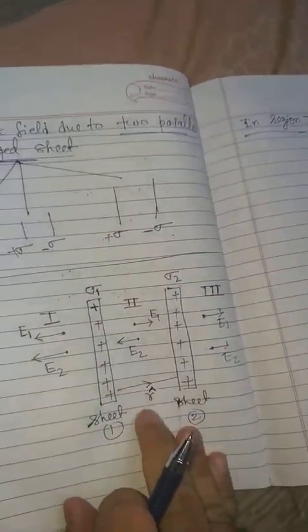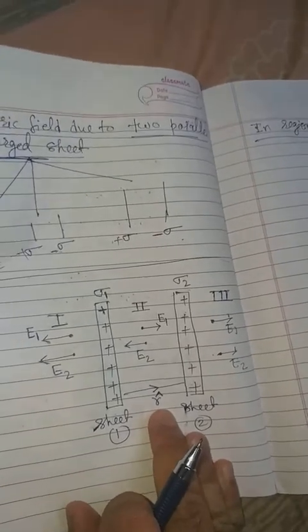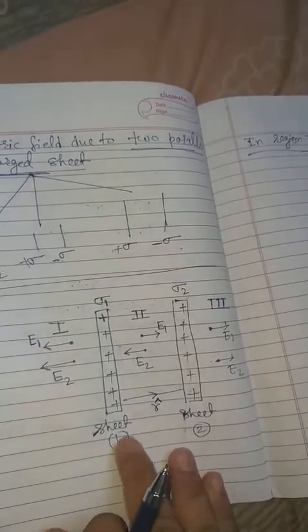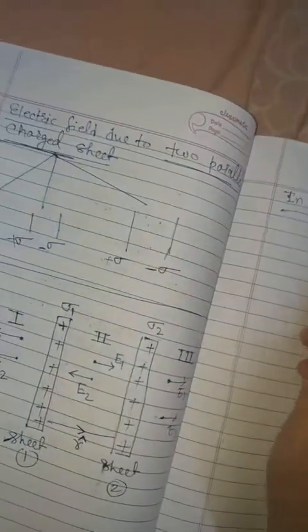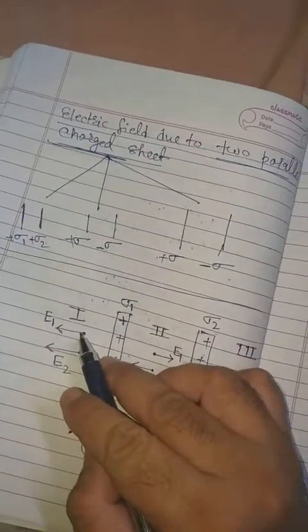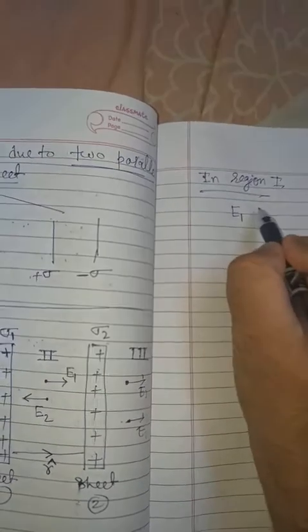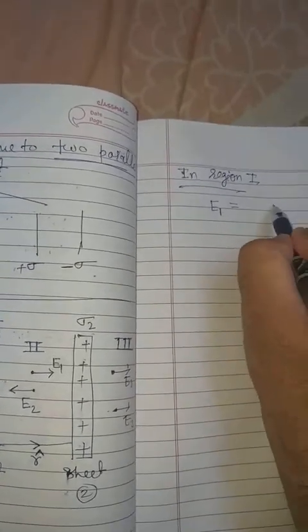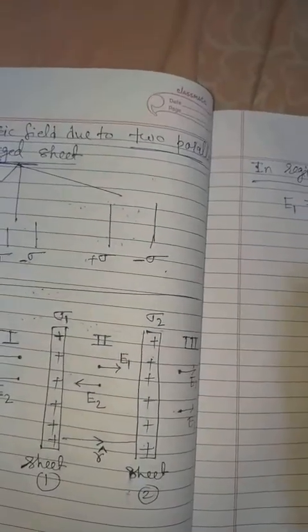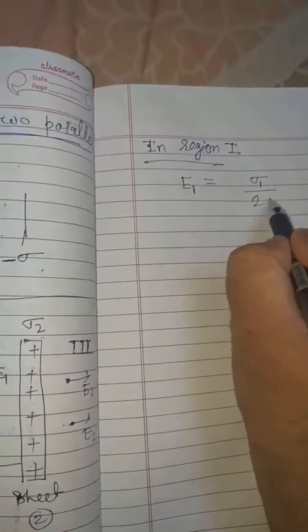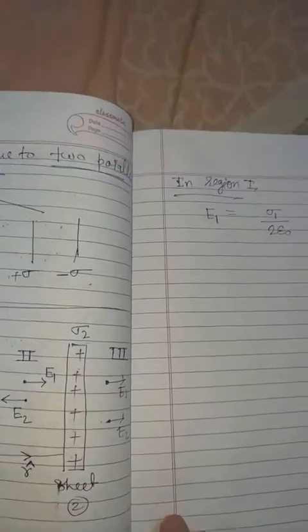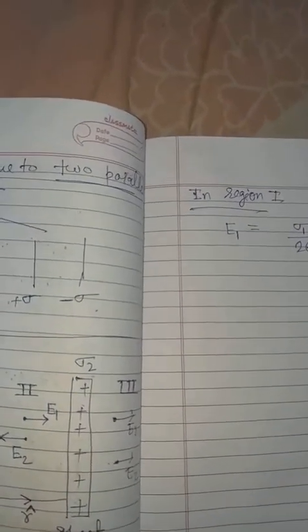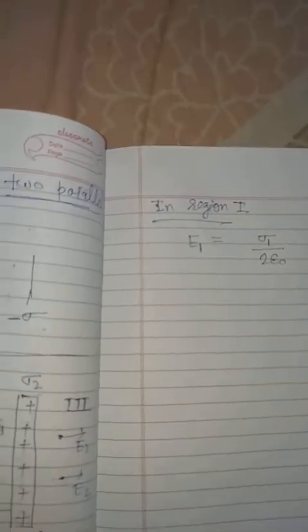So suppose I have a unit vector r cap which is directed from sheet 1 to sheet 2. Now in region first, what is the electric field? E1 is equal to sigma 1 upon 2 epsilon naught, which we have already studied in the previous class, the electric field due to an infinite plane sheet.